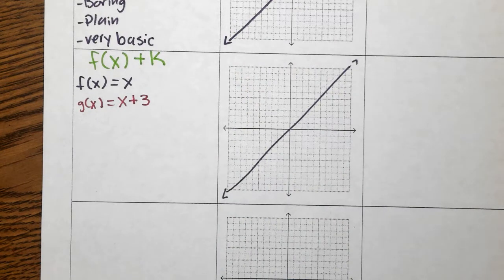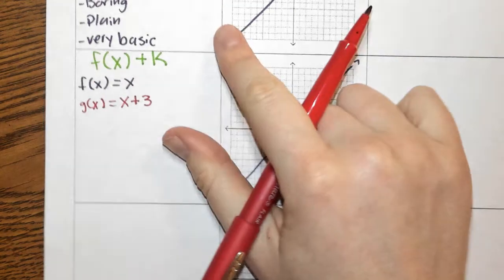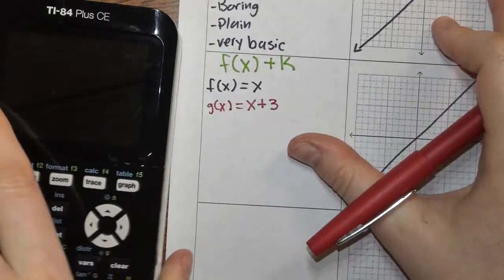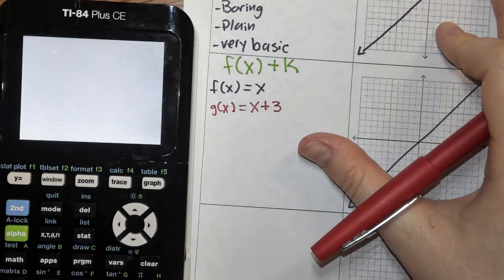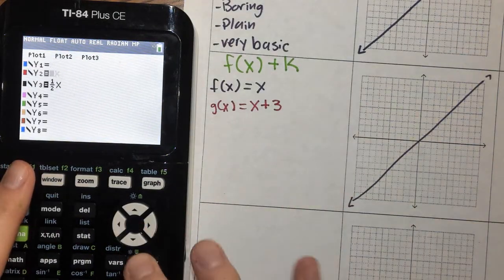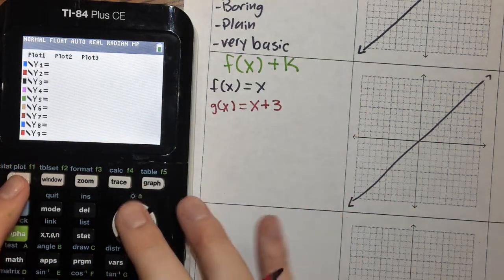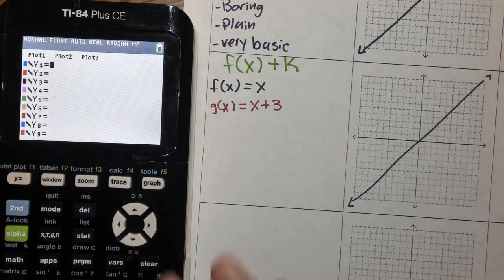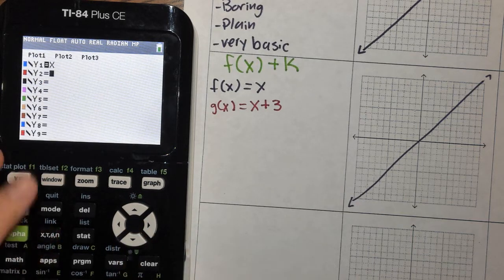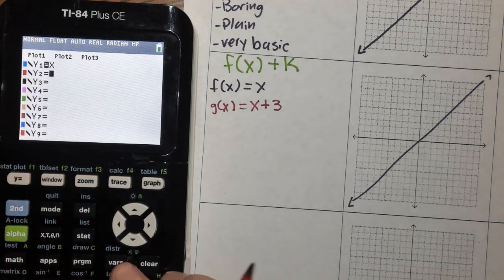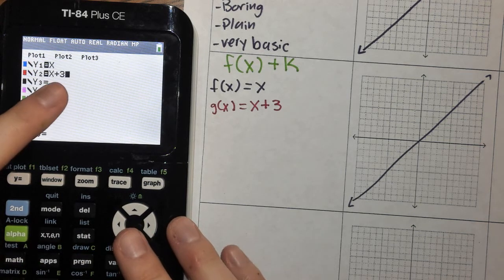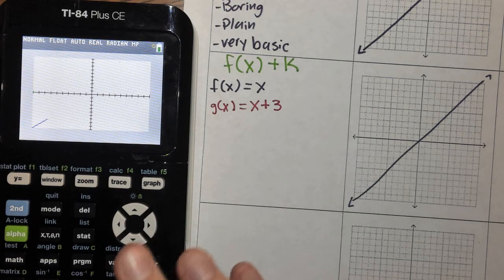What I'm going to do is I'm going to put this into my calculator and see how it changes the line. Okay, so I'm going to put the parent function right here, y is equal to x. And then I'm going to put the other function right here, x plus 3. Then I'm going to graph that.